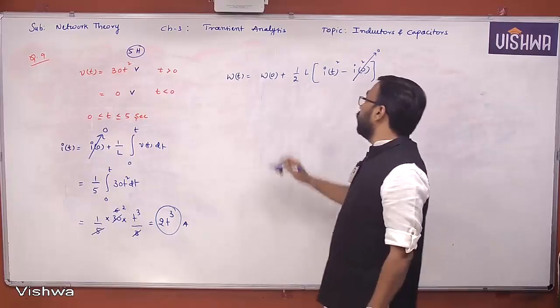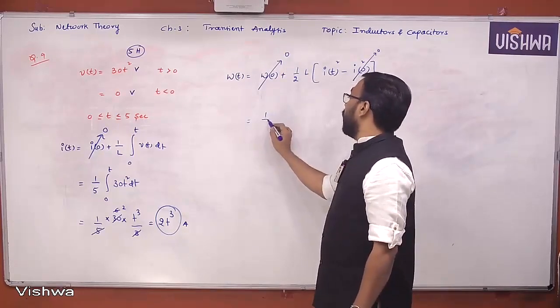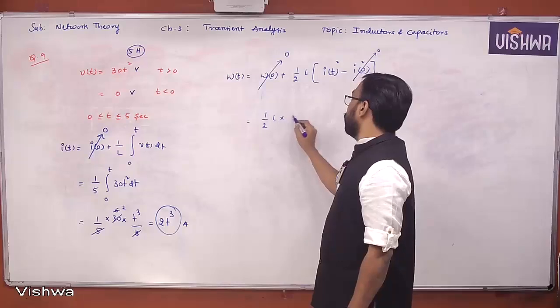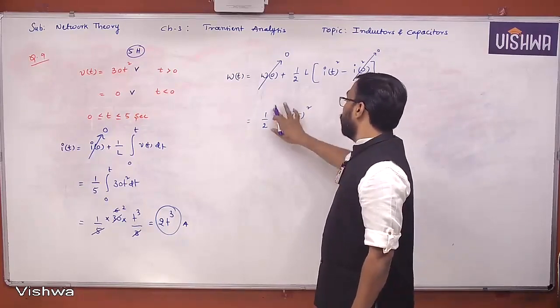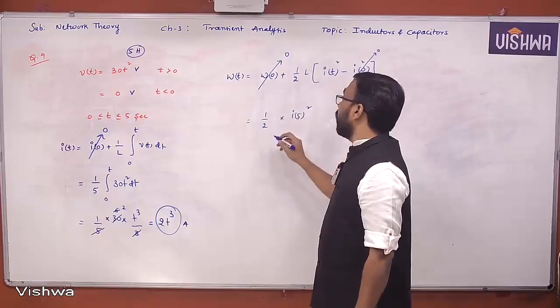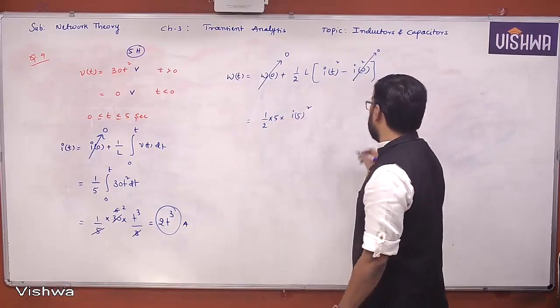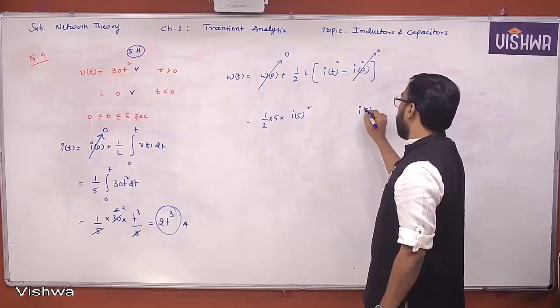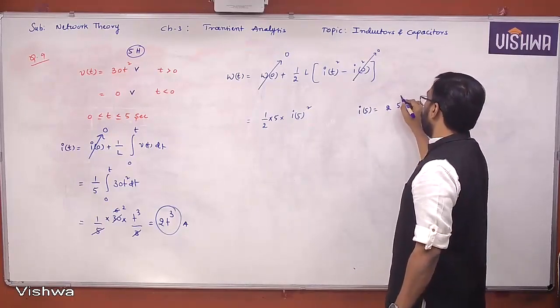Do you have any information regarding this? No. So, what do you take? Half L. What is this I of t? It is I of 5 whole square. L value is nothing but 5 Henry. Yes or no? Now, let us calculate this I of 5. I of 5 is nothing but 2 into 5 cube.